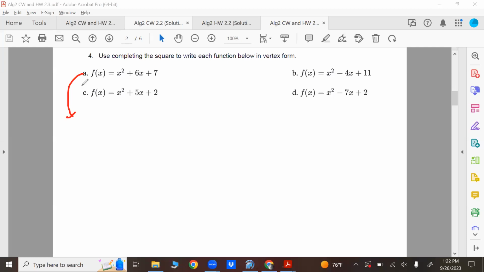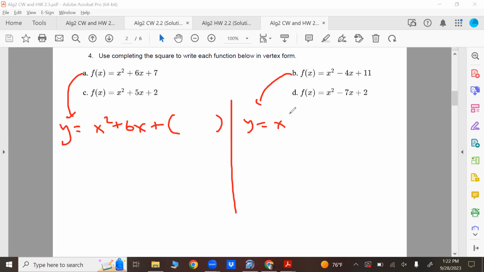All right. So y will equal x squared plus 6x plus, and for B, y will equal x squared minus 4x plus.